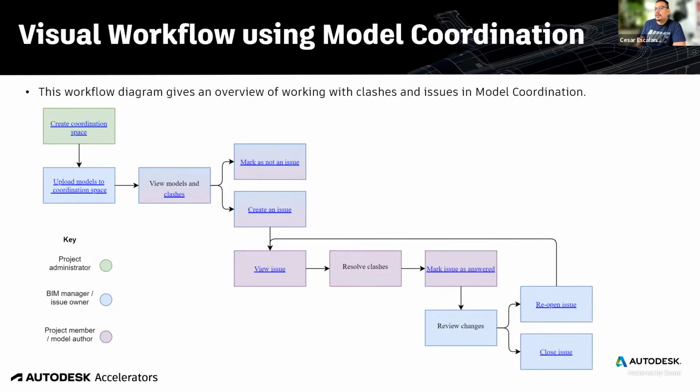When you create an issue, you visually identify it as a dot in the model that can be assigned to a responsible party. You can assign a due date. You can assign a person who watches the issue. Once the issue is created, it becomes part of this comprehensive catalog of issues that can be reviewed by everyone and is transparent to the owner and the project administrator.